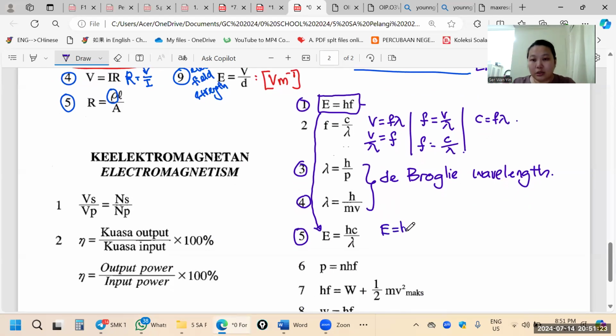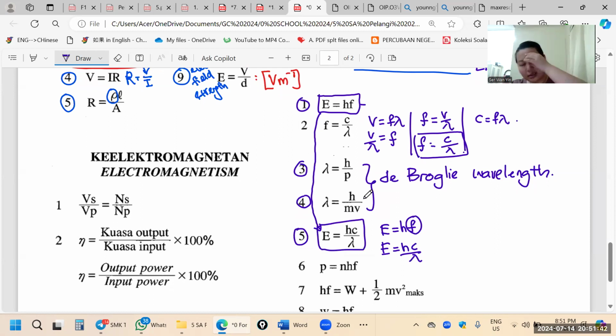E equals to hf, we can substitute f equals to c over lambda as E equals to hc over lambda. Actually, formulas 1 and 5, you can always choose the better one.